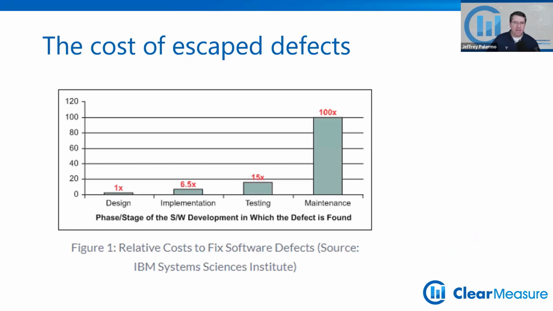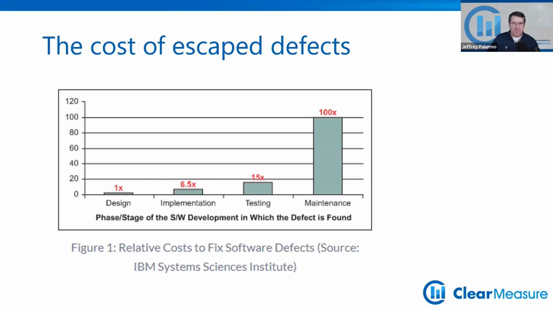And the IBM System Sciences Institute has research that shows that the cost of fixing a defect is 100 times what it is when it's out in production, in the maintenance phase, than when you're designing it or implementing it or testing it.